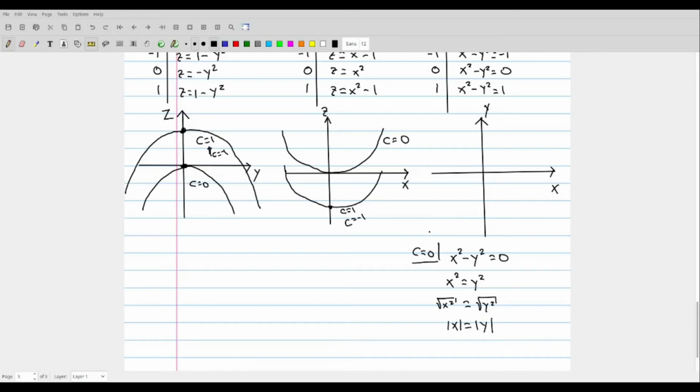And specifically what that gives me then is the curve y equals positive x and the curve y equals negative x.